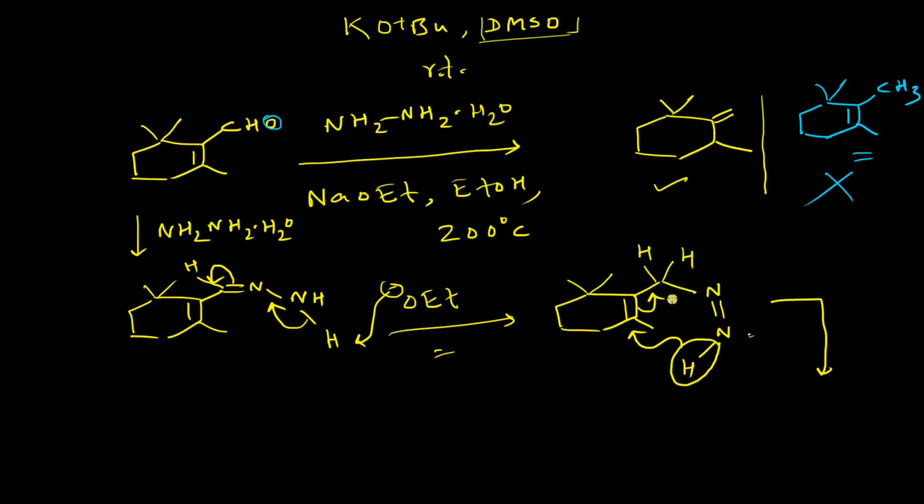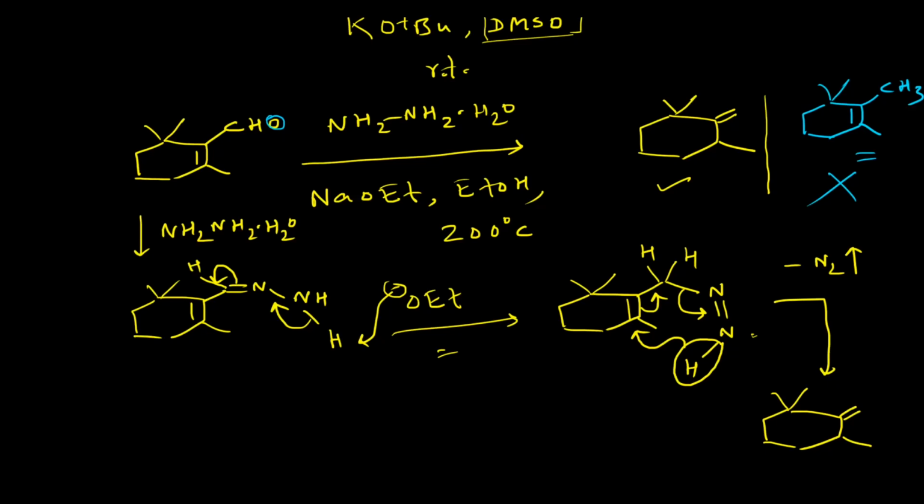This double bond will shift to here and this carbon nitrogen bond will break, and during this process one molecule of nitrogen will eventually leave the system and this will give us the desired product, which is this one, right? So this is an abnormal situation during Wolff-Kishner reduction.